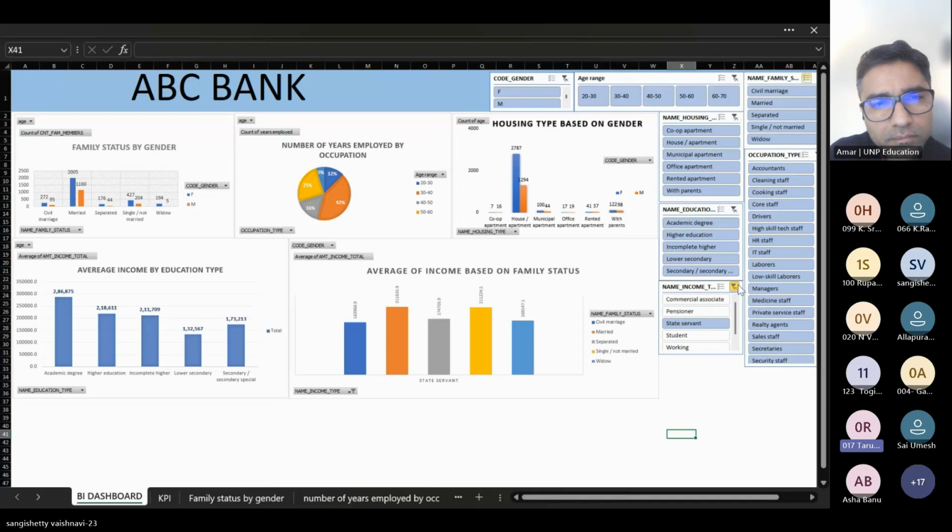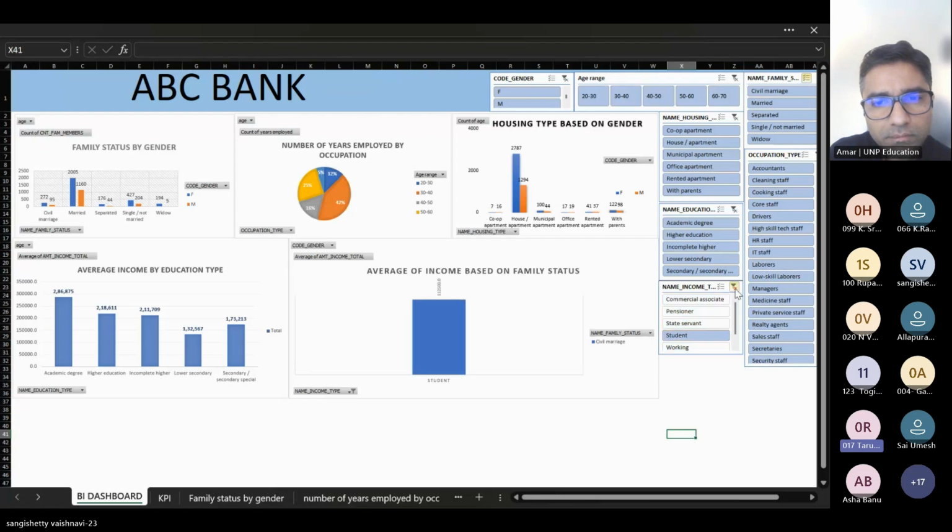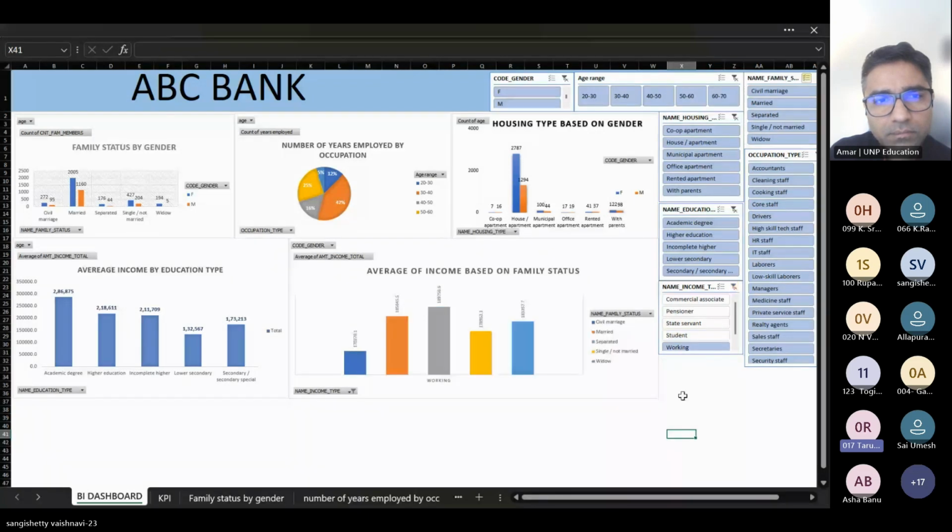Next, we have the students. This category shows only one data point for single individuals with an average income of about 1,12,500. And next, there are the working individuals. This group has an average income of about 1,83,000.